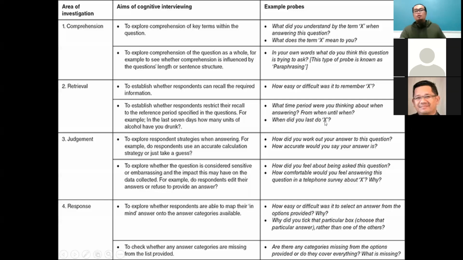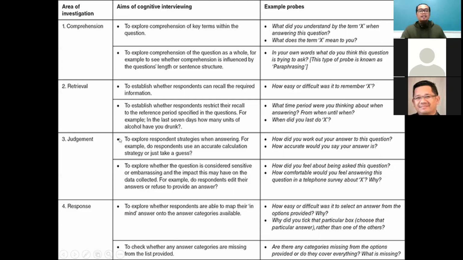When did you last do X? So this is part of retrieval. Repeating the probe questions on the retrieval stage: how easy or difficult was it to remember X? What time period were you thinking about when answering? So this is what you want to retrieve.